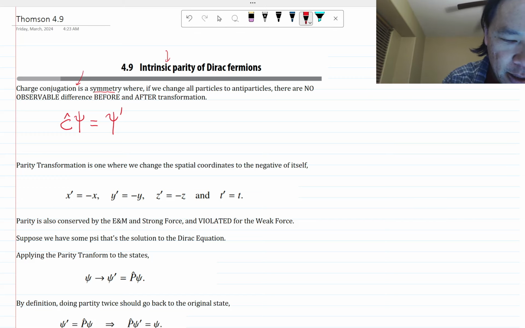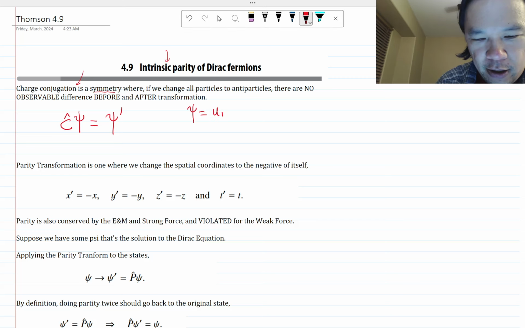So let's say psi is the particle of a fermion, a Dirac particle. This will be described by some u1, so this is the spin up, the first component, e to the i(p dot x minus Et), like that, and it turns it into the antiparticle of that.